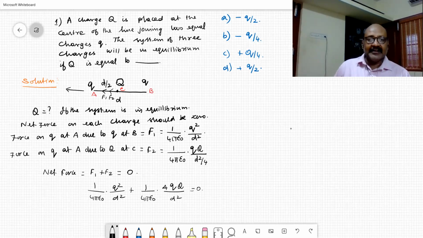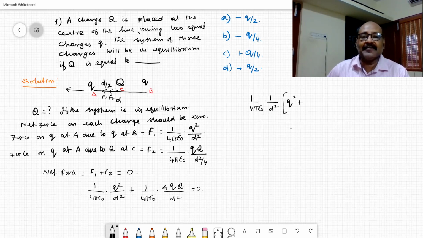This equation can be simplified and written as 1 divided by 4 pi epsilon 0 into 1 divided by d square taken as a common factor. I will be getting q square plus 4 into small q into capital Q equal to 0.